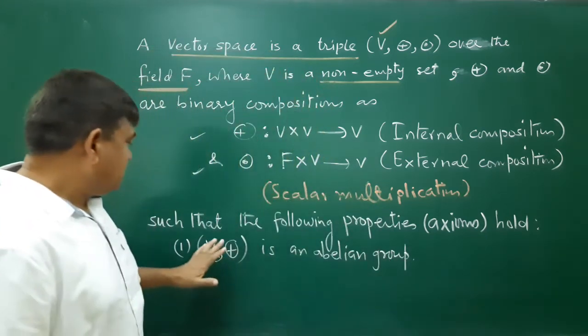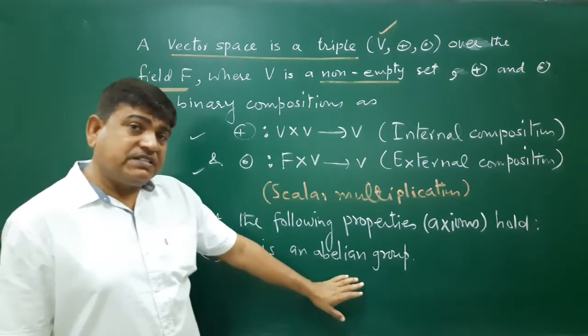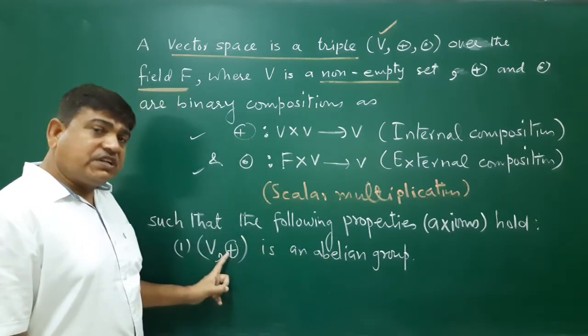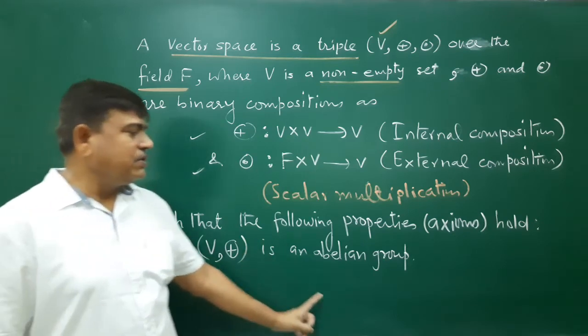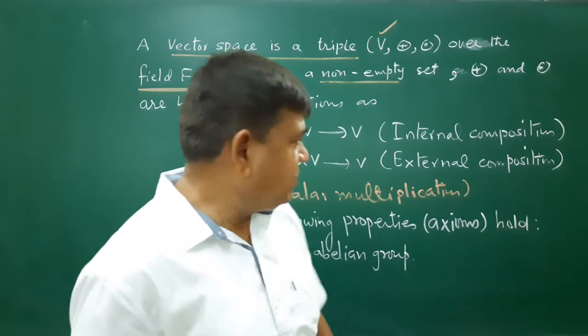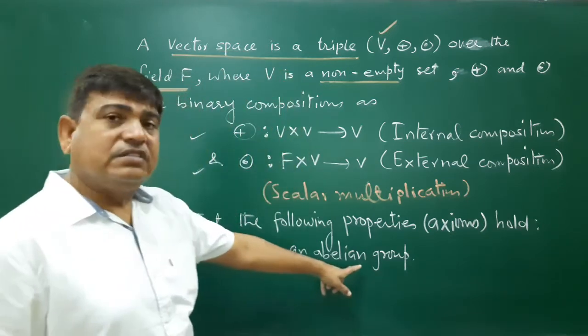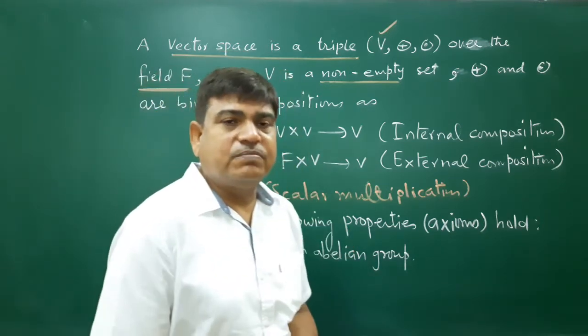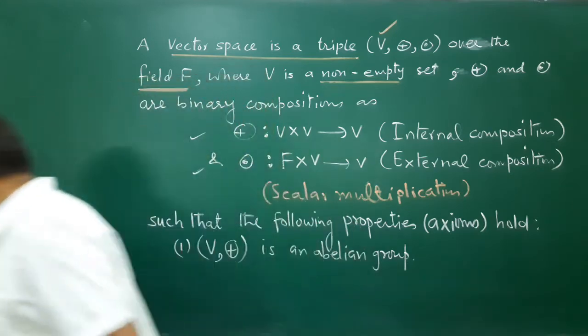If we have these properties, then under this composition, this is known as an abelian group. So in the last video we have done till this one. Now we come to the remaining part, that is the second one.